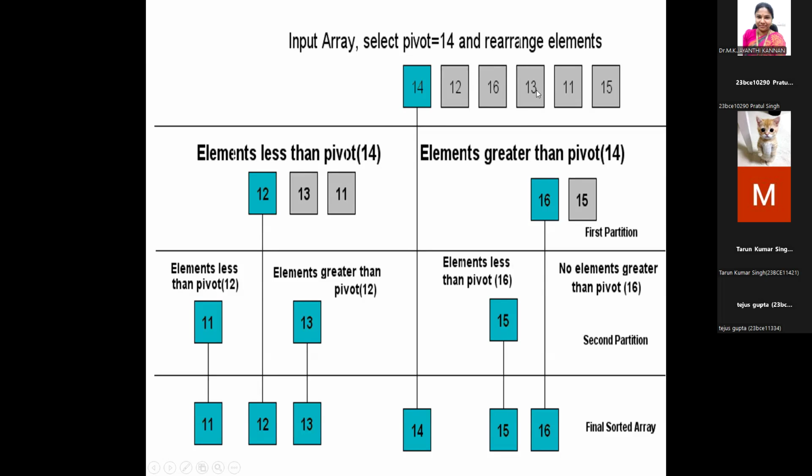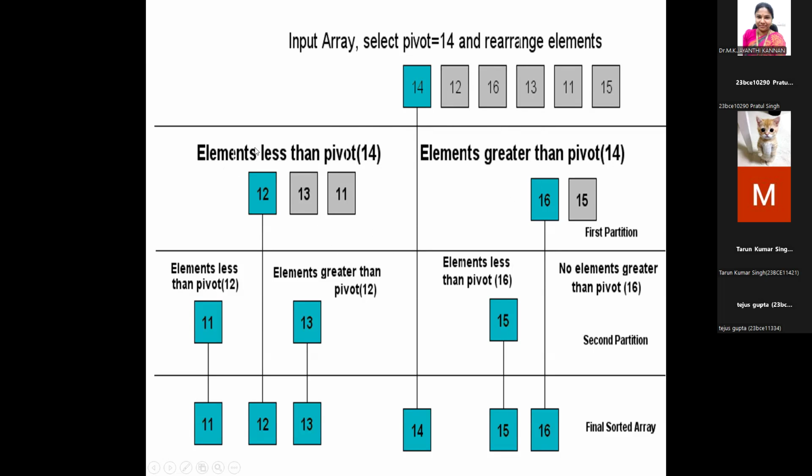Again 14 is compared with 13. 13 is small, so that comes here. 14 is compared with 11. 11 is small, so that comes here. 14 is compared with 15. 15 is greater than the pivot element 14, so 15 is placed this side. So during the first iteration, we are making the subproblems with respect to the pivot element 14: the numbers less than pivot, and the numbers greater than pivot.